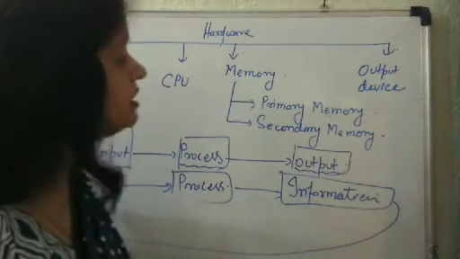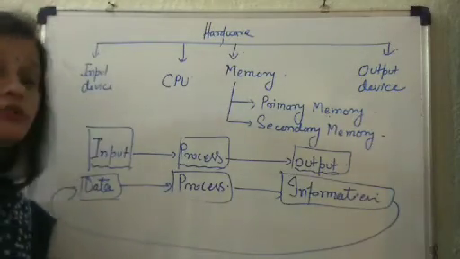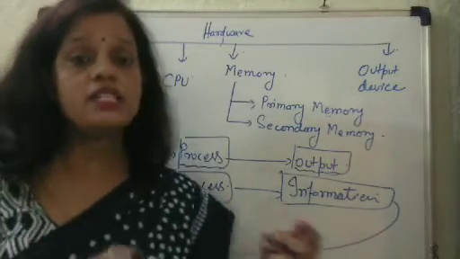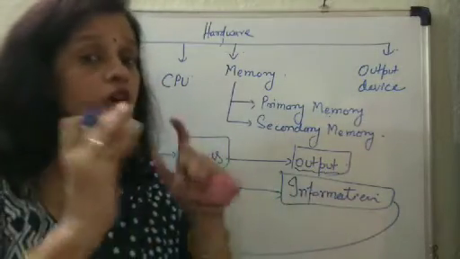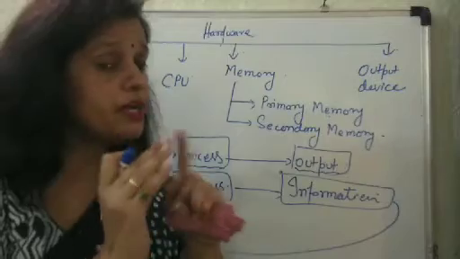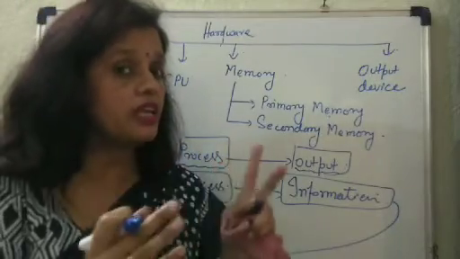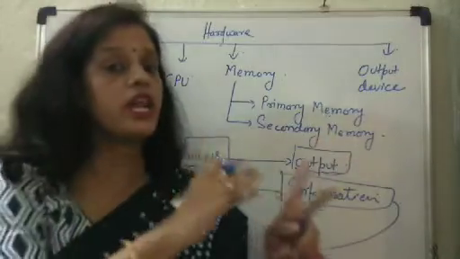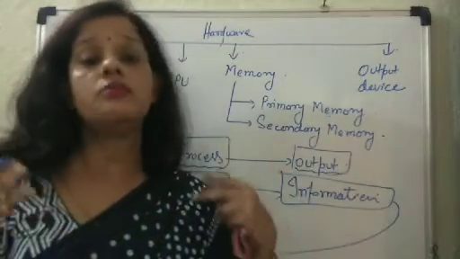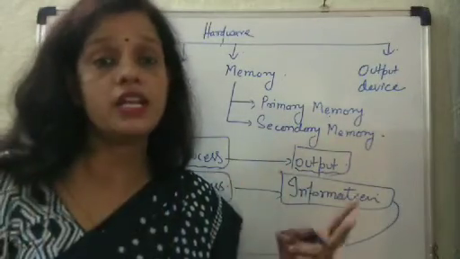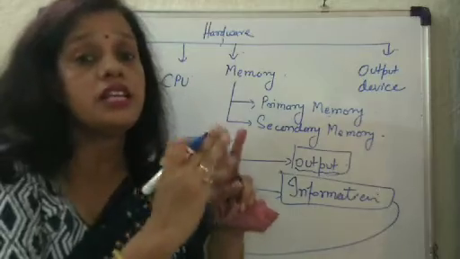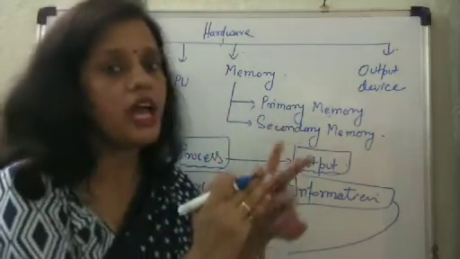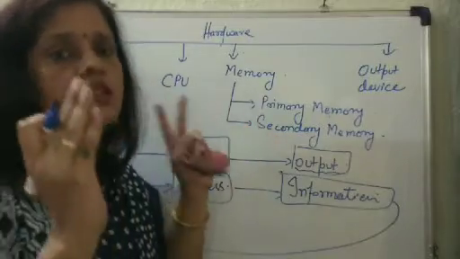We have many examples. In English, you have 26 alphabets, right? The different alphabets are collected and organized in such a manner that they form a word, and a collection of words is organized into a sentence, and it gives a meaning. Related sentences are combined together to form a paragraph, and a collection of paragraphs forms a chapter.